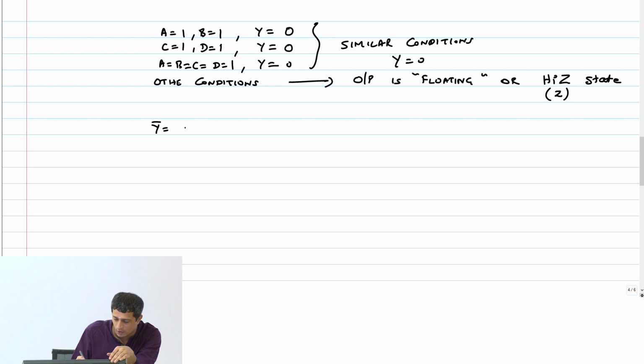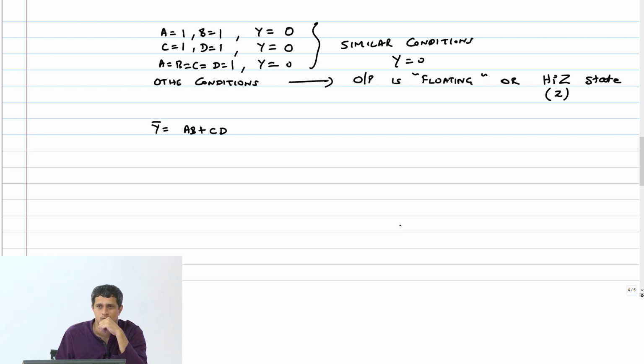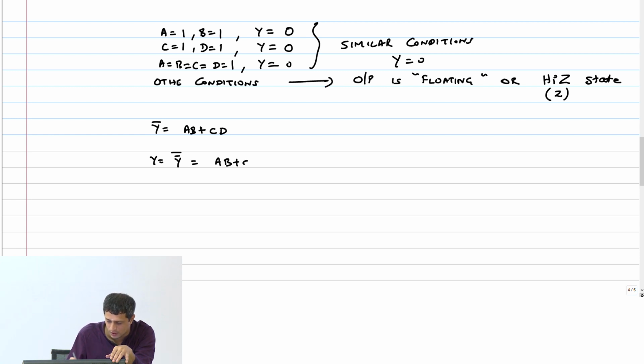Y bar equal to AB plus CD, right? So if I now complement this, the output that was supposed to go 0 will go high, right? So now I will write Y equal to Y bar whole bar, which is basically our original function, right?